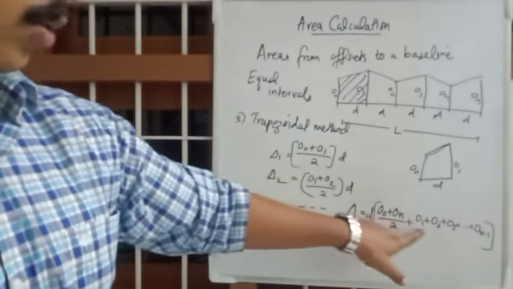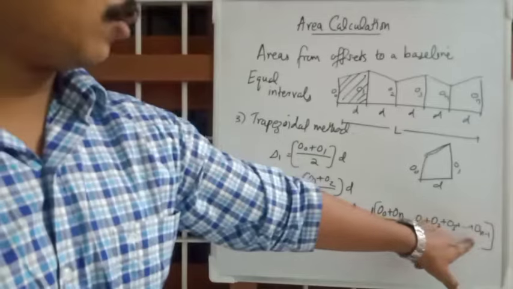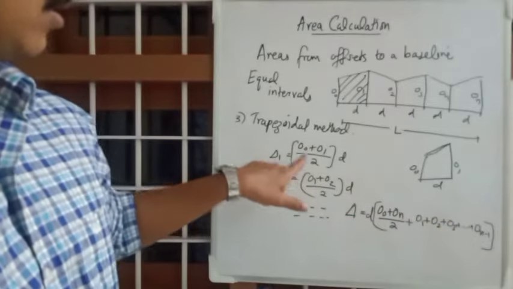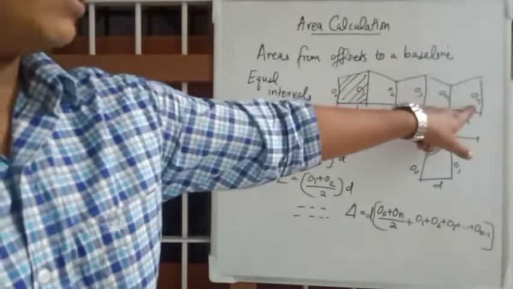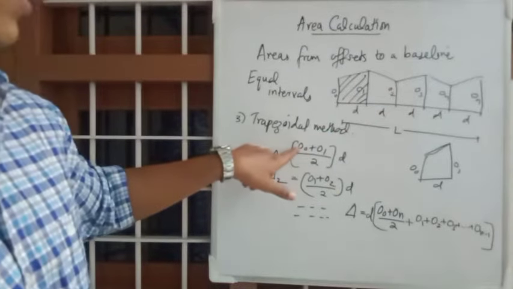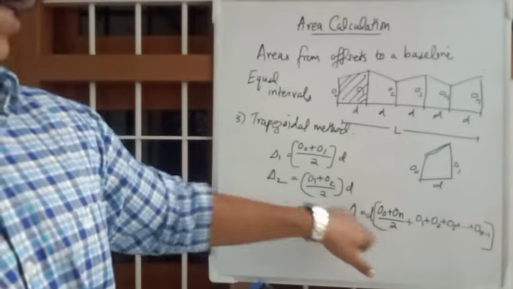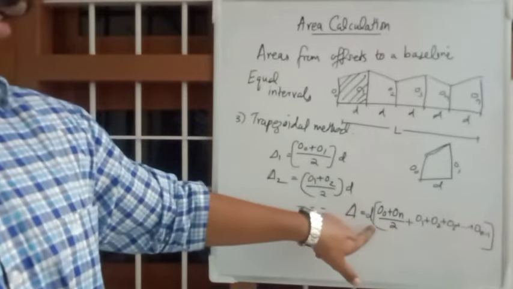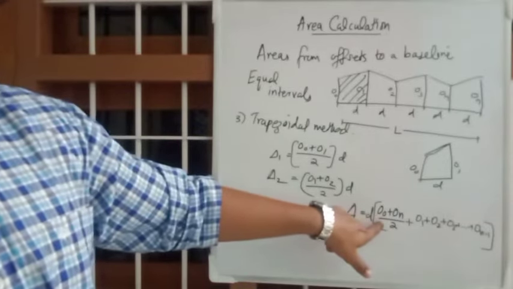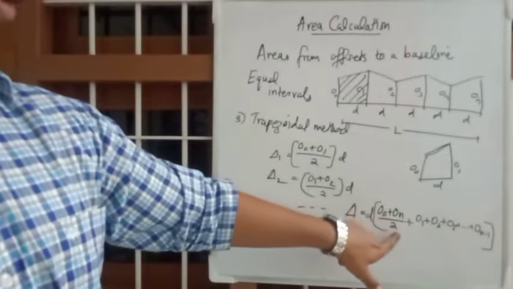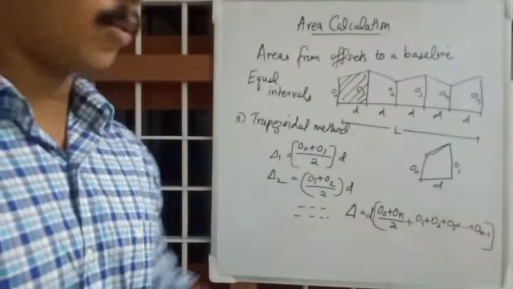O2 will be repeating. So there will be singular ones, and there will be only one of the end ordinates. At the end On will stand out, at the beginning O0 is standing out. So we are taking by 2 inside it, and D into average of end ordinates O0 plus On divided by 2 plus the remaining intermediate ordinates.